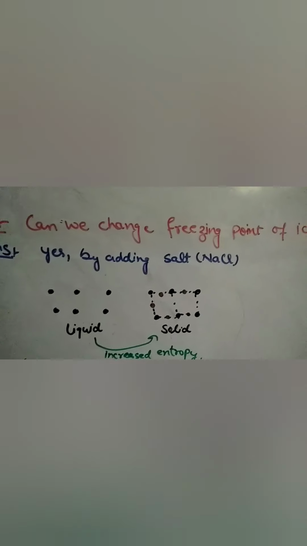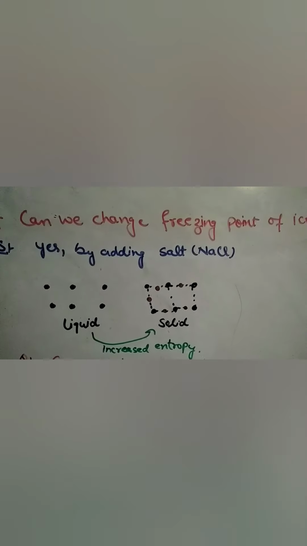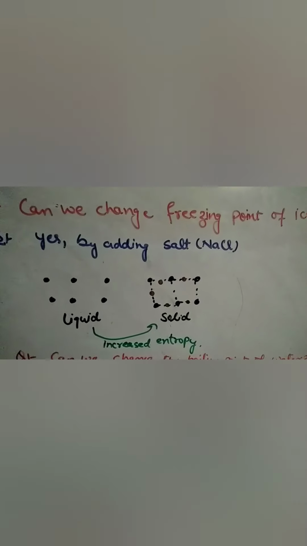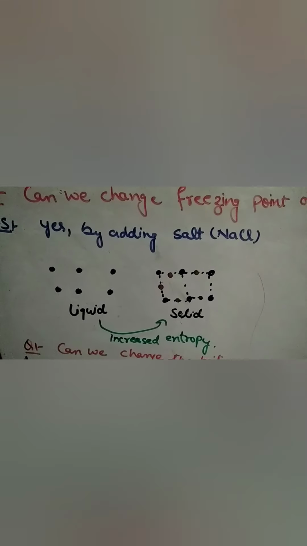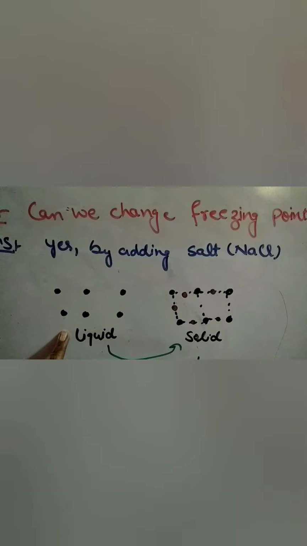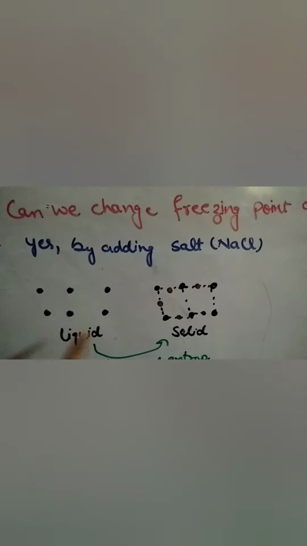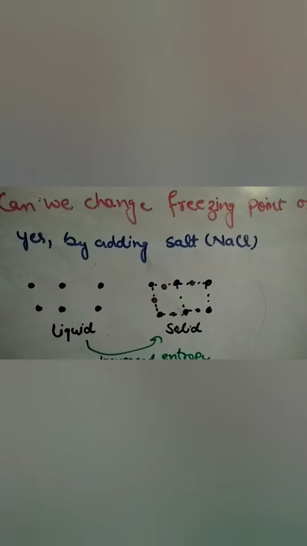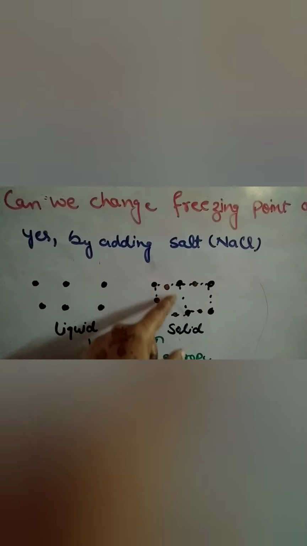Another question we'll be able to answer by doing this activity is, can we change the freezing point of ice? The answer is yes, by adding salt. What will actually happen, if we notice the structure of liquid particles and solid, since we have to go from liquid to solid, when we add salt, we call it in thermodynamics that we are increasing the entropy.